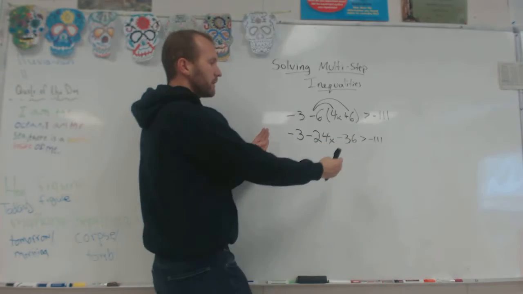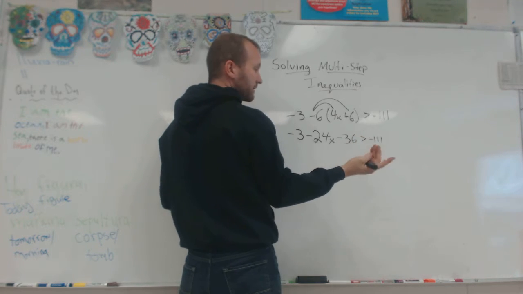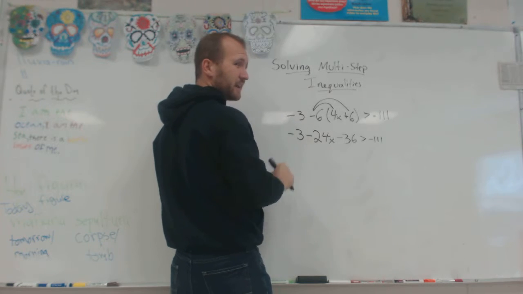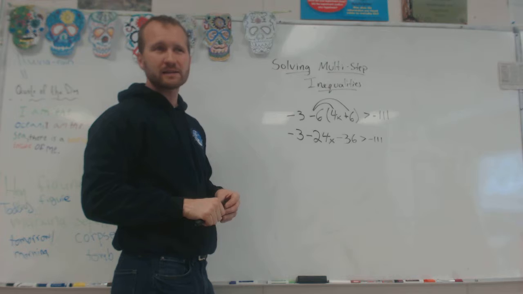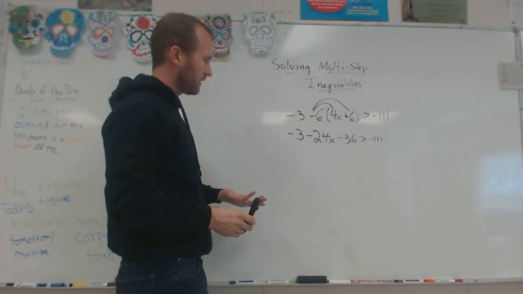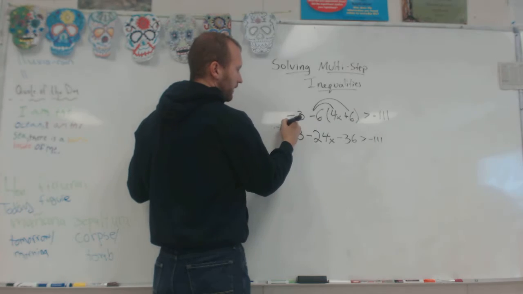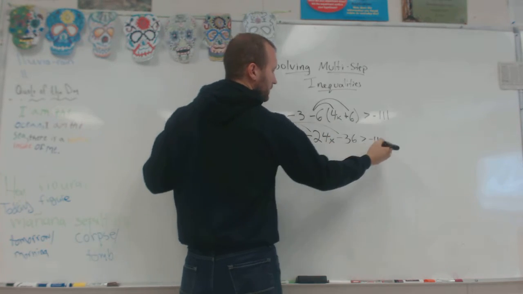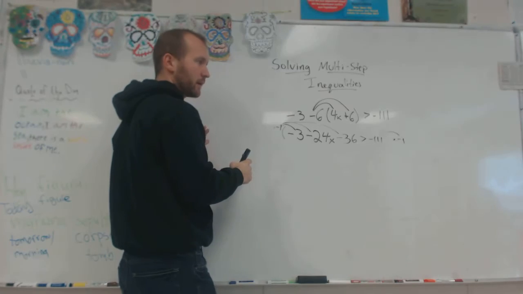Now what do you notice about this side of the inequality? Okay. So actually that's a really good thing to notice. If they're all negatives, can we just multiply by negative 1 and make this a lot simpler? That would be so easy. Watch. If I multiply times negative 1 to everything, I also have to do it on this side though, because I can't just change one side of my inequality.